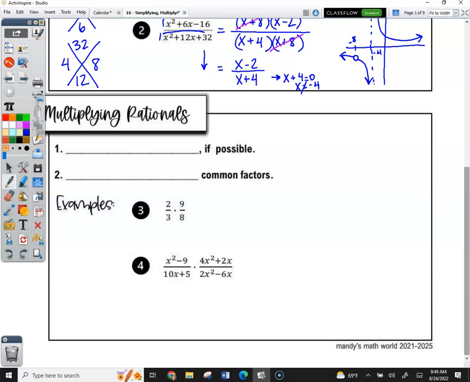rational expressions. So let's do multiplying and dividing first, because it's very easy. How do you do it? Well, you should probably know that this is factor completely, spell it right, if possible, and then eliminate.